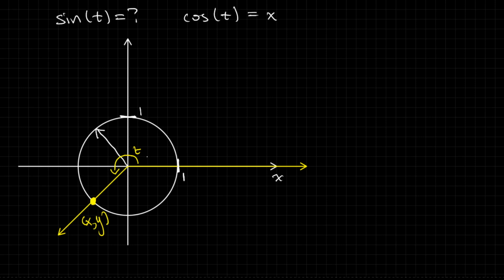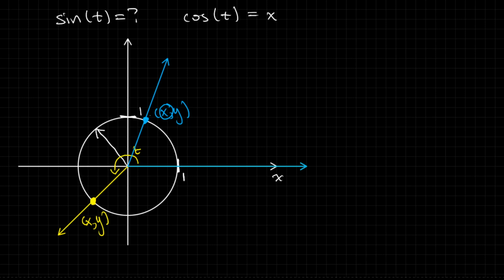So if you start thinking about different angles and drawing them in our plane here and their terminal points, let's see if we can draw a dot there, and start thinking about, well, what's the maximum x could be?